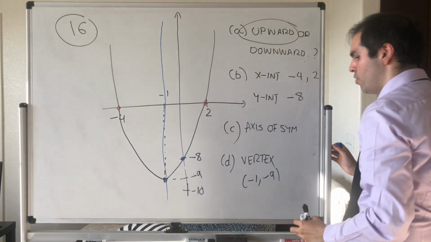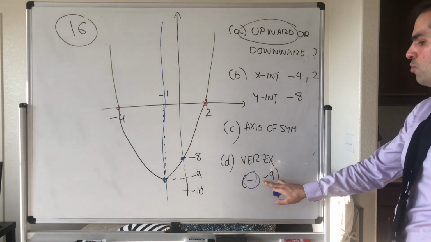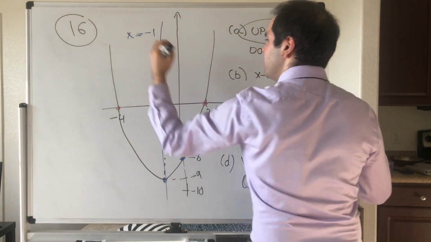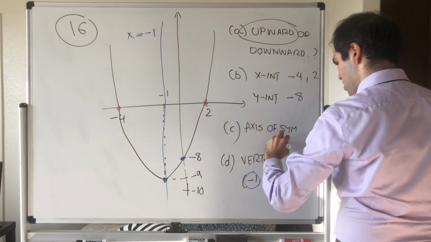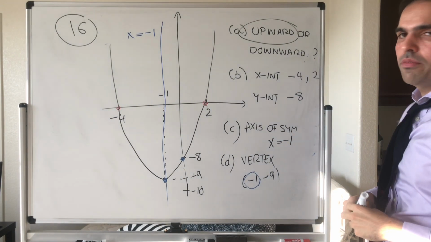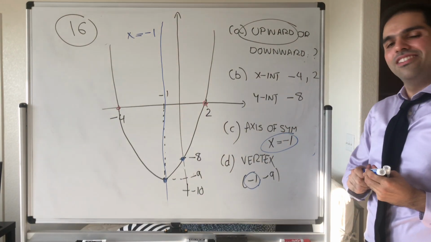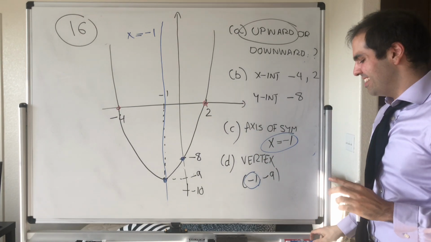So because the vertex is at -1, comma, -9, the axis of symmetry is at x equals -1. Again, x equals something because we have a vertical line. So it's an interesting problem. It took forever to set up, but actually to answer it is not that bad.